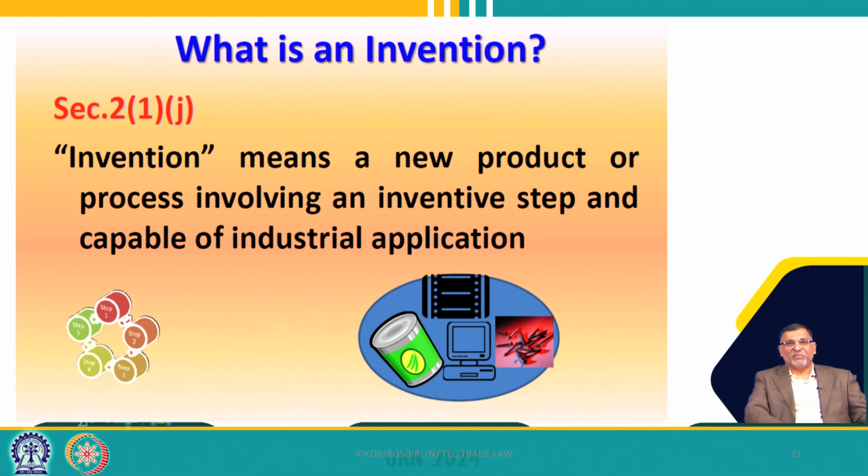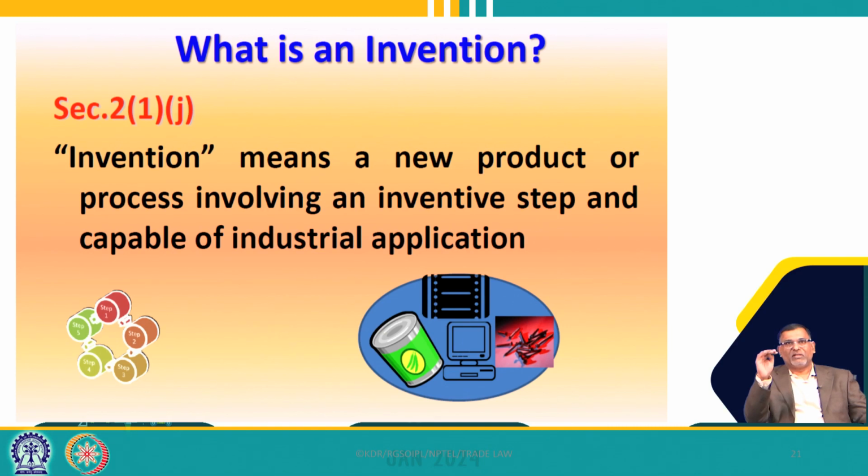So, Section 2(1)(j) of the Indian Patent Act clearly says what is an invention. Only invention can be patented in India, not discoveries. So, what it says? Invention means a new product or process involving an inventive step and capable of industrial application. So, any invention means it can be a new product or process.